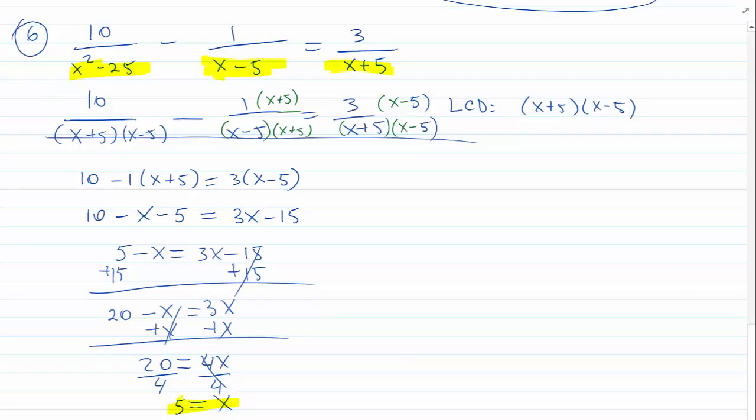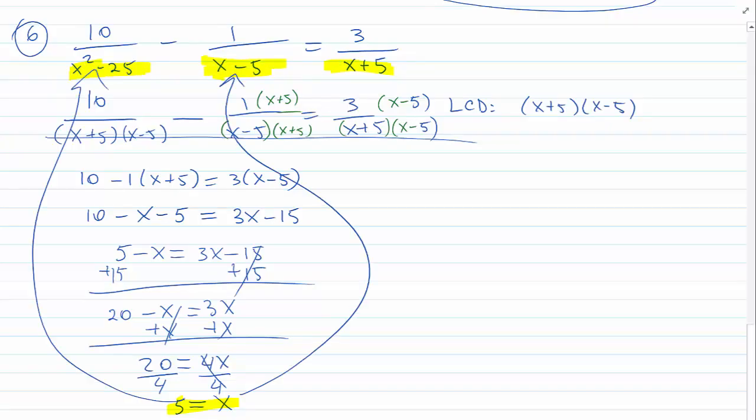And you can already see that it fails here and it also fails there. 5 minus 5 is 0 and we cannot divide by 0. And 5 squared minus 25 is 0 and we cannot divide by 0. Because of that, I know we worked hard, we got the answer, but unfortunately, this is not a solution, and the answer is no solution.